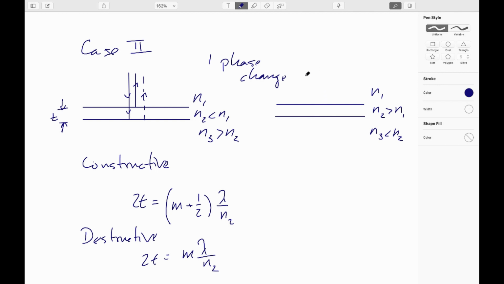Either way, what winds up happening here is the light that bounces off the upper surface is the one that changes phase, and the light that bounces off the lower surface does not. So we're just changing who gets the head start, but the results are the same. So either way.